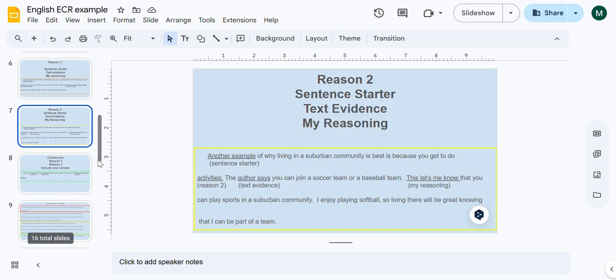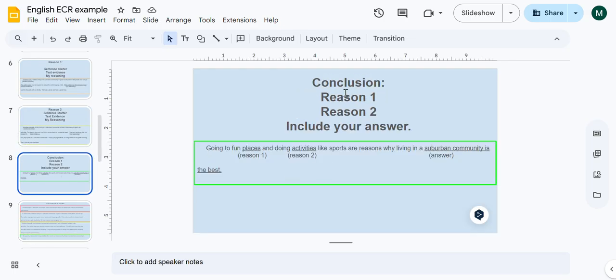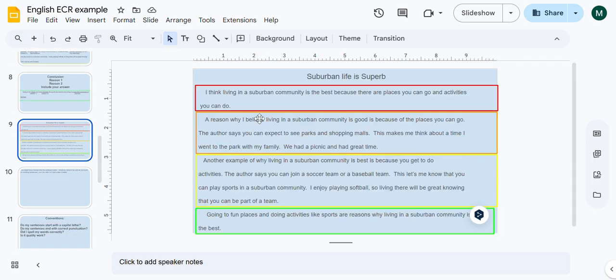Your conclusion is going to look like this. You must include your reason 1, your reason 2, and include your answer. So here we go. Going to fun places, that's your reason 1, places, and doing activities, that was your reason 2, like sports, are reasons why living in a suburban community, that's my answer, is the best. Then we put it all together. You have your introduction, you have your reason 1, which includes your sentence starter, your text evidence, and your reasoning.